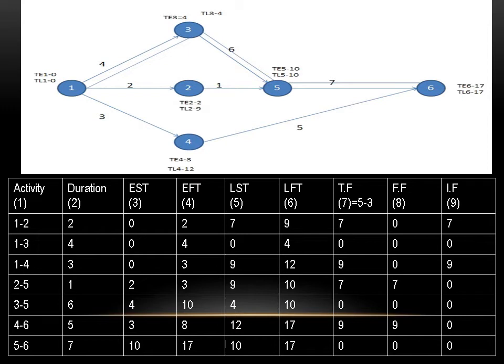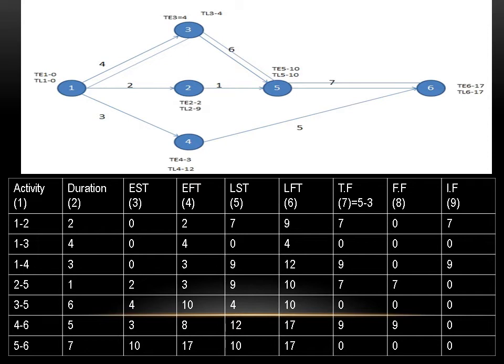For 1 to 3, total float was 0. 0 minus bracket TL minus TE at 3, that is 4 minus 4, 0. 0 minus 0, 0. Okay, I will show you where it is not 0. It is at activity 2 to 5. Total float is 7. Put 7 minus TL minus TE at 5.